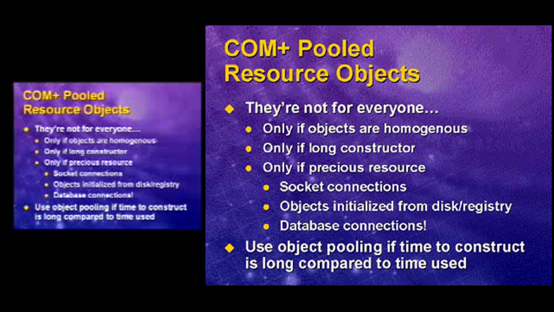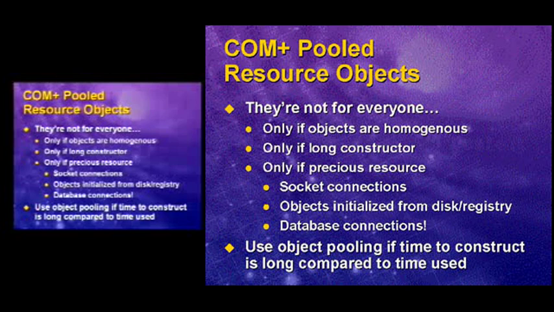So also, besides the language considerations, they're only good if the objects that they represent are homogeneous. I have to be able to get an object from the pool and have it look exactly the same as the last object I got from the pool. And it's only useful if I have a long constructor, because like I said before, MTS and the COM+ runtime will cache tremendous amounts of things on your behalf, and it's only if you have a long constructor that this matters, or a precious resource.